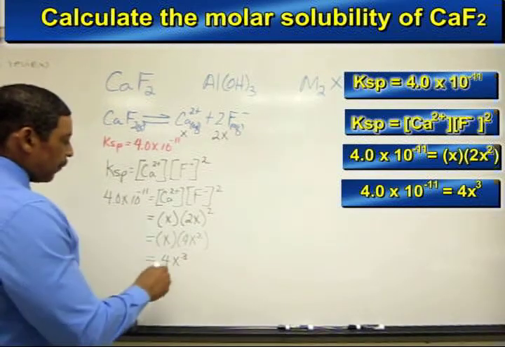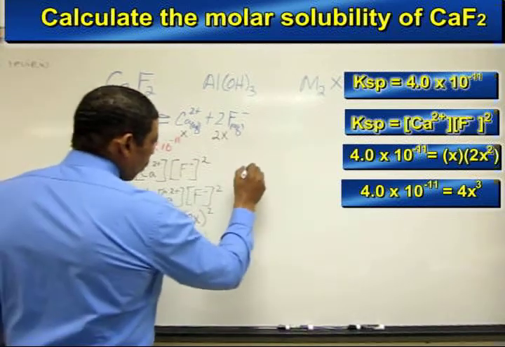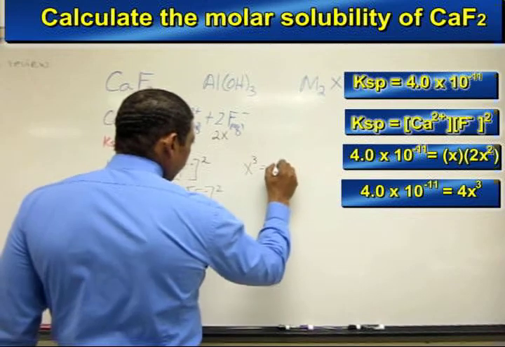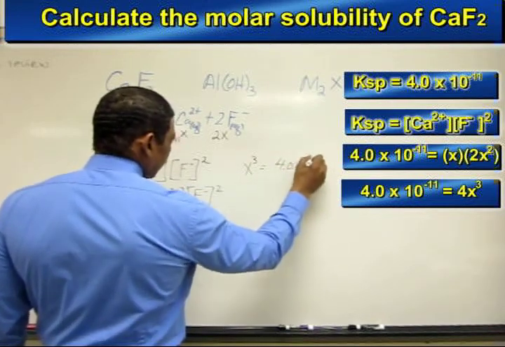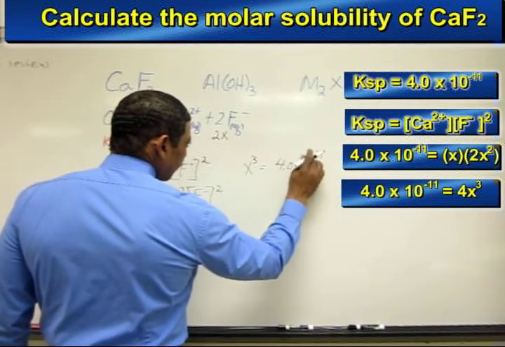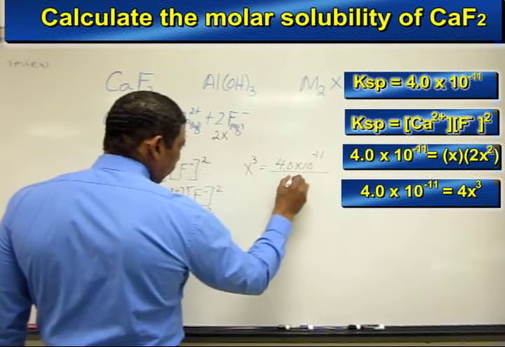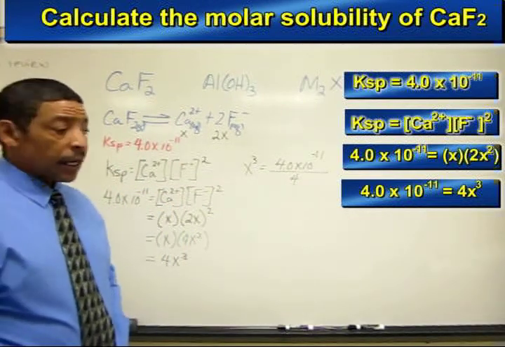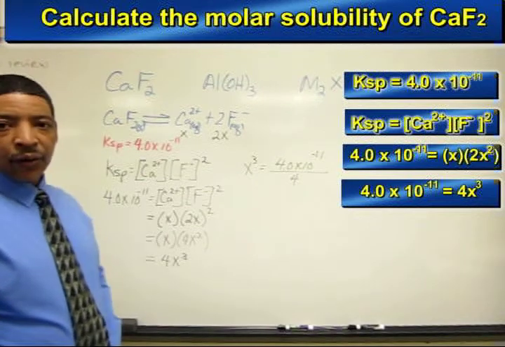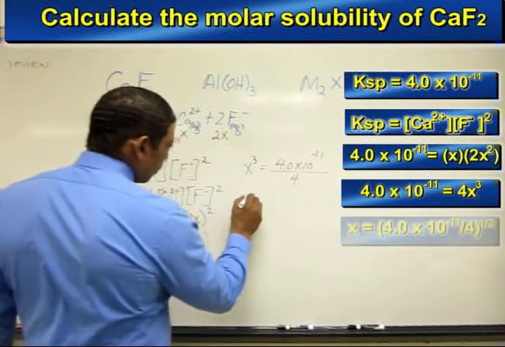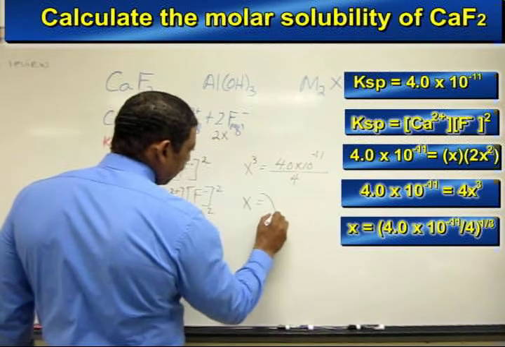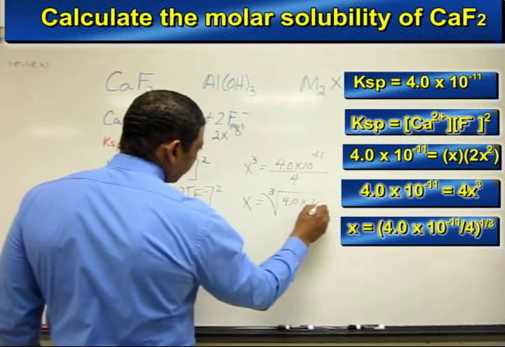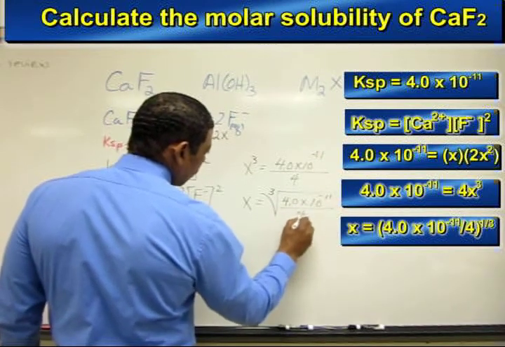So to solve for x, we first divide through by 4. So x cubed is equal to 4.0 times 10 to the negative 11 divided by 4. The next step is to clear the exponent by taking the root. So x will equal the cube root of 4.0 times 10 to the negative 11 divided by 4.